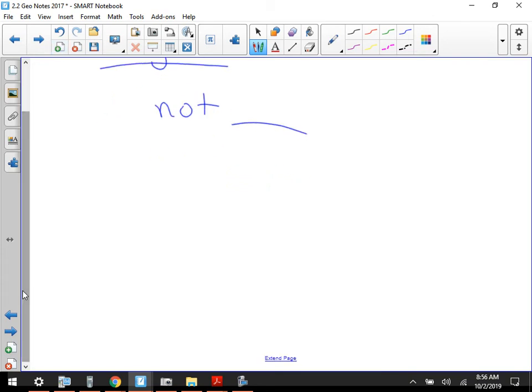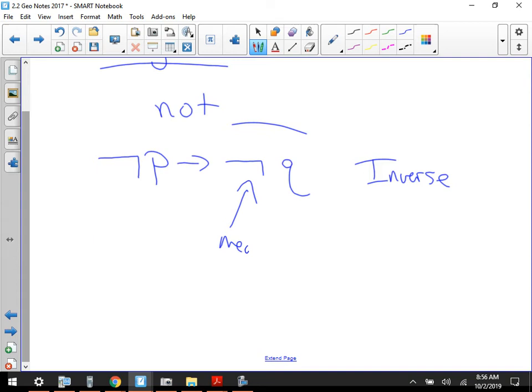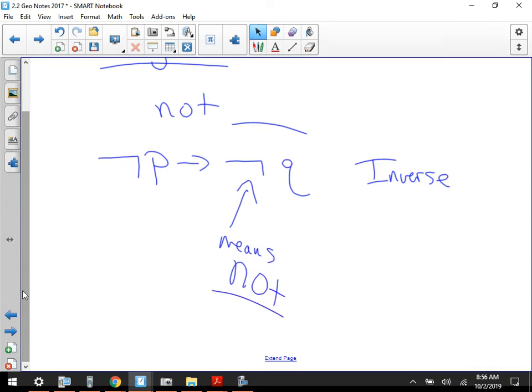And I know not P implies not Q is called an inverse. This symbol means not. It negates it. Okay? It negates it.